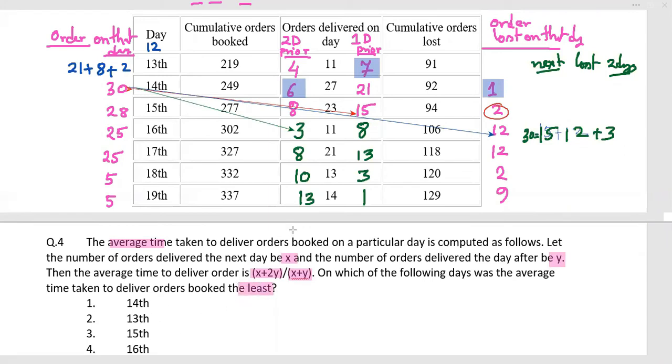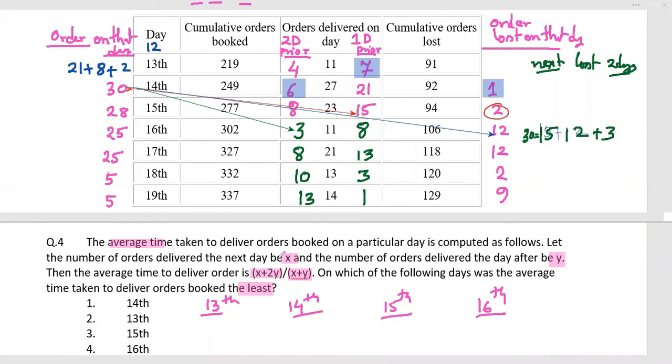So again, we need to find 4 ratios, for 13th, 14th, 15th and 16th. These 4 date ratios we need to find, and we will get our answer accordingly. Now 13th, our X plus 2Y.